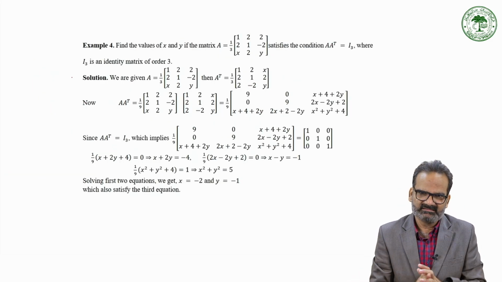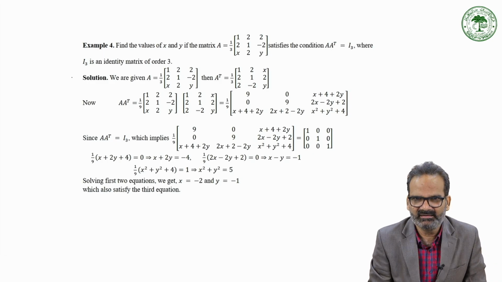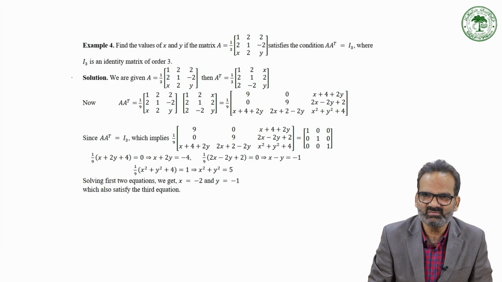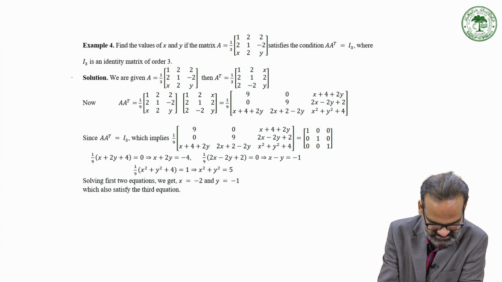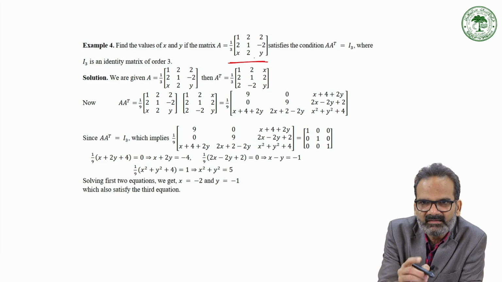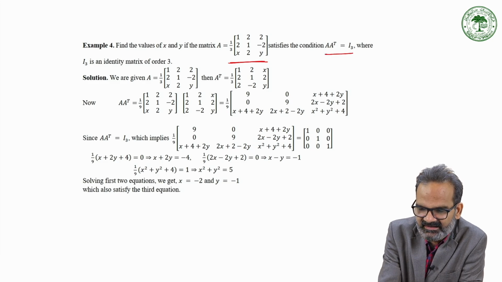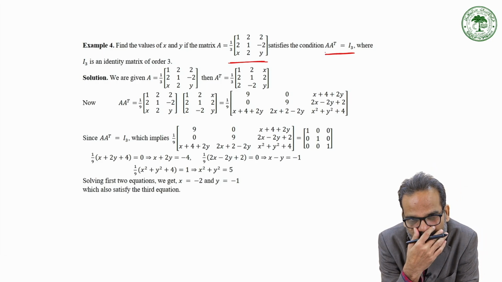Let us take this example also. Find the values of x and y if the matrix A is equal to 1 upon 3 times this matrix, satisfies the condition A AT is equal to I3, where I3 is an identity matrix of order 3.